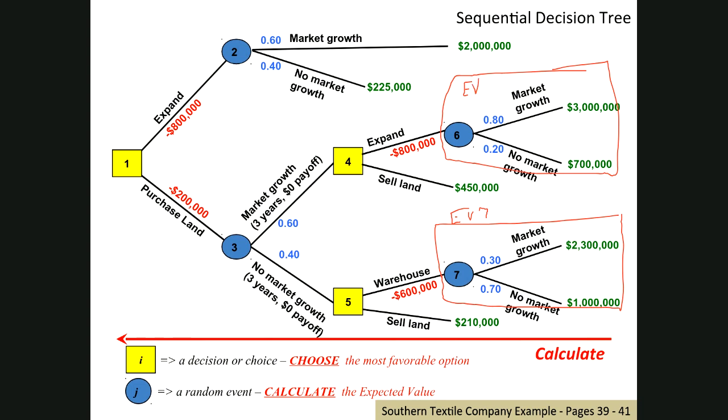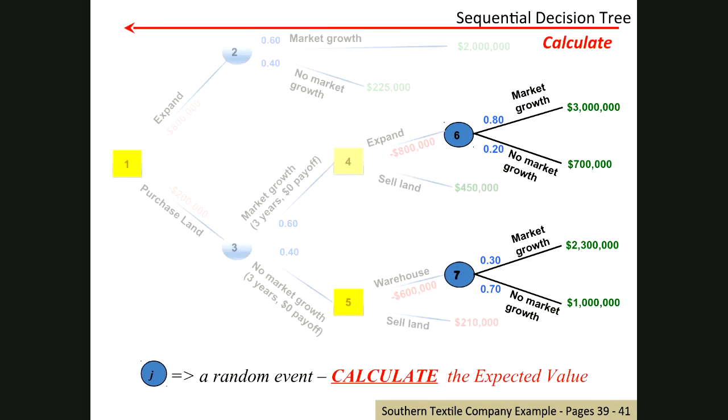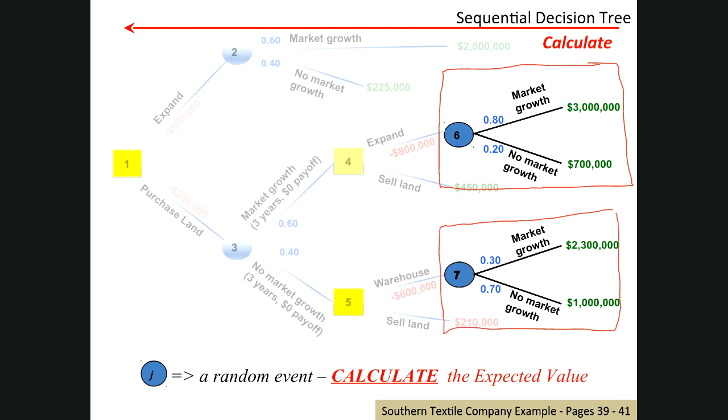And we can do this just in isolation. We don't have to consider anything else on the decision tree at this point. And that's on the next slide. We're going to grade this out. We're only going to be considering these two, if you will, sequence of this random event that's coming up at locations 6 and 7.